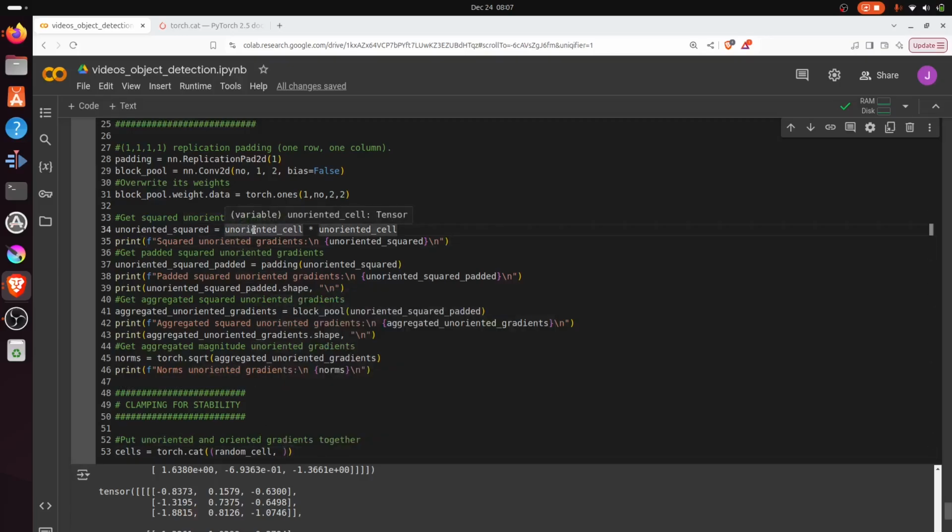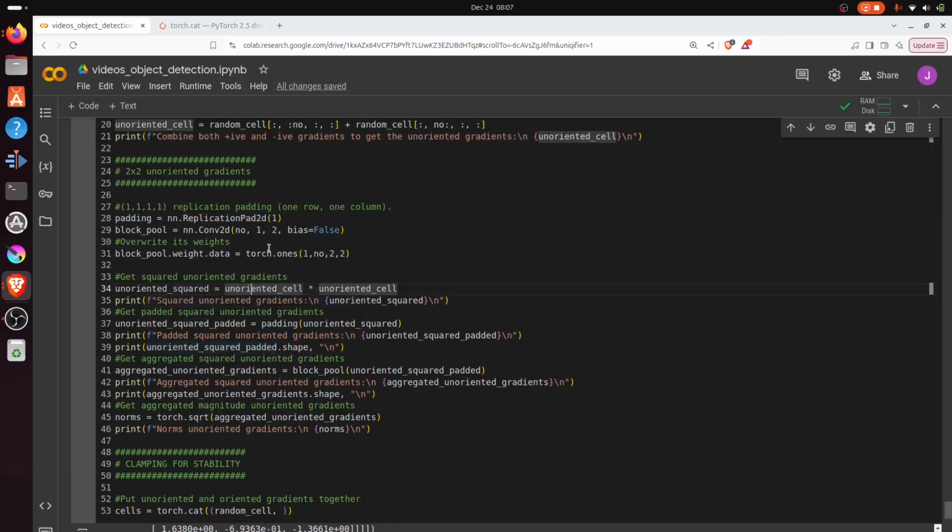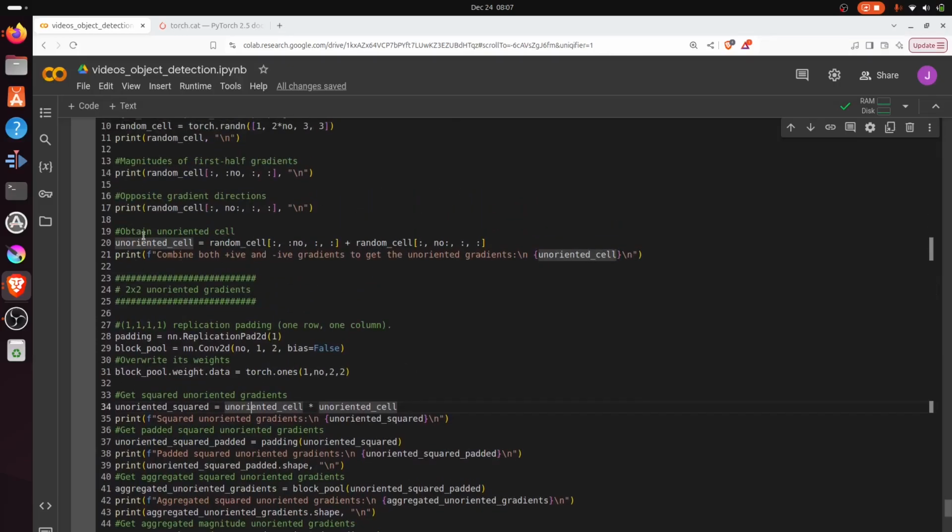Yeah, because I'm thinking about whether it's the squared or just the unoriented, what makes more sense. Well, what makes more sense actually is to place the unoriented cell, of course, because it's here where we combine both positive and negative orientations, and adding them up results in having unoriented gradients. So definitely it's going to be this one, okay, and not the squared one.